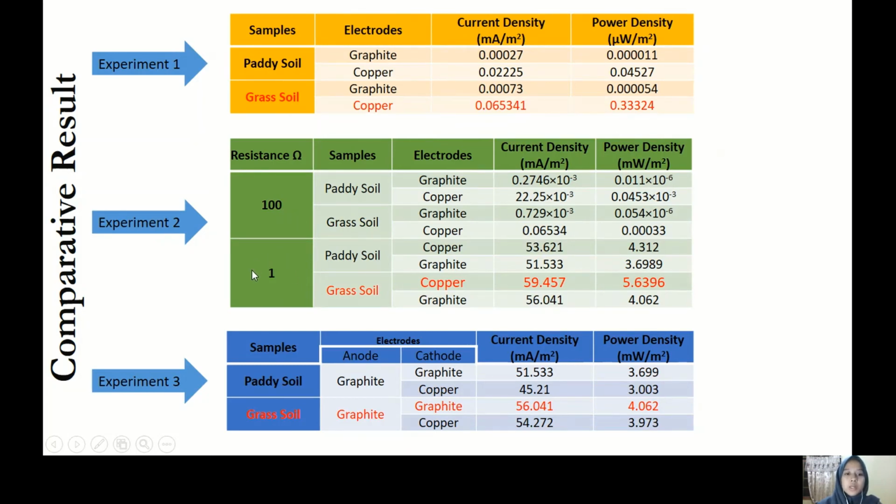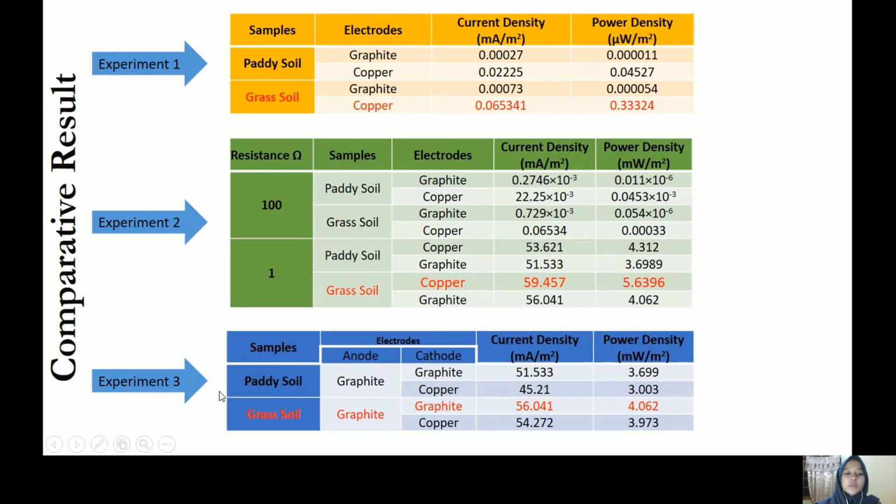So based on the 1 ohm resistor, grass soil with the copper electrode is the highest one. Current density is 59.5457 milliampere per meter square, and the power density is 5.6396 milliwatt per meter square.